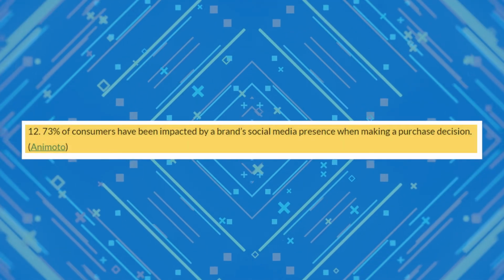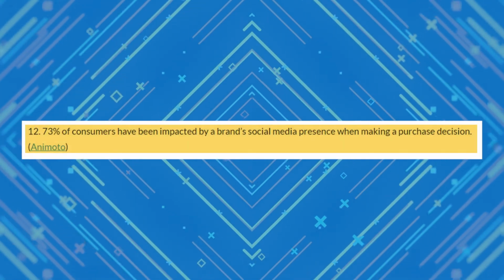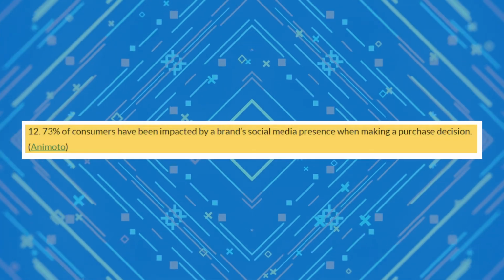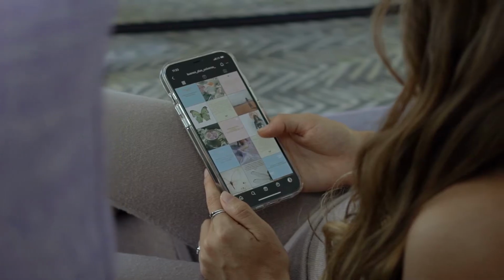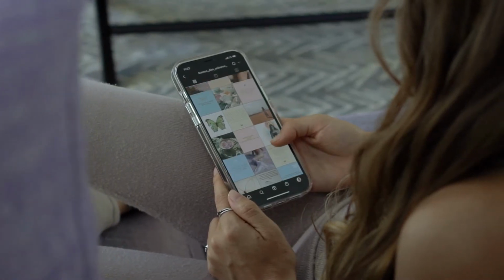73% of consumers have been impacted by a brand's social media presence when making a purchase decision. So social media is a great opportunity to extend your reach and put your brand and content in front of targeted eyeballs. But remember, in the case of content marketing, we're not talking about putting out social media posts that sell.